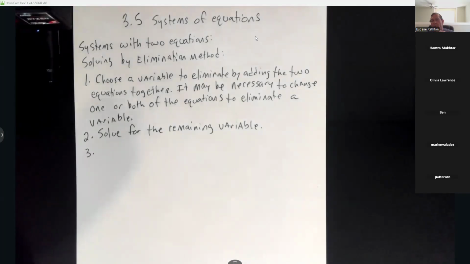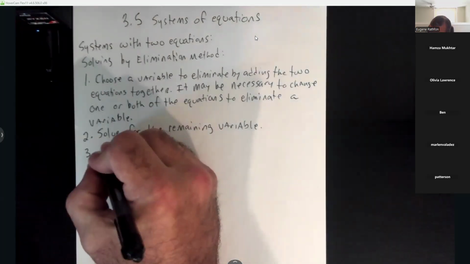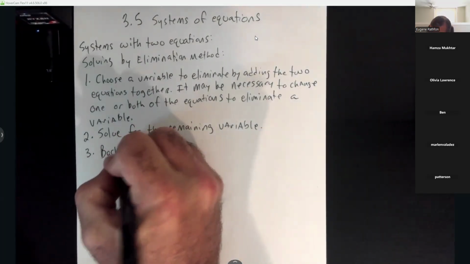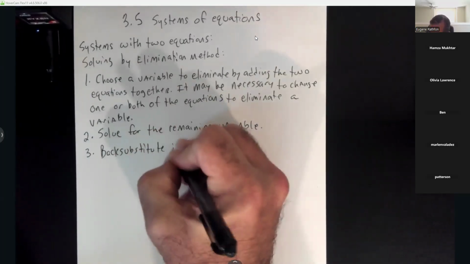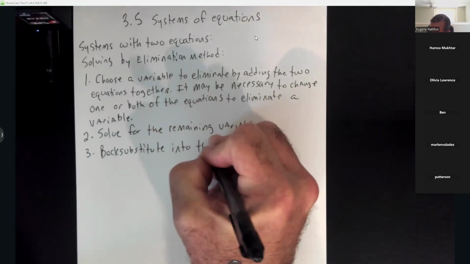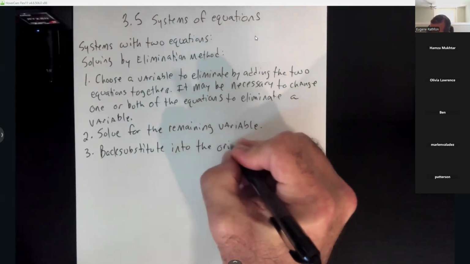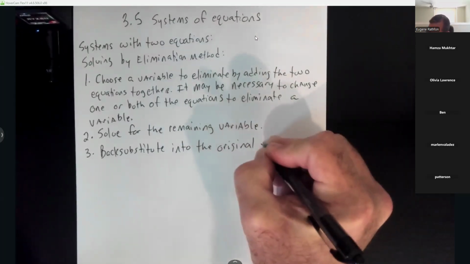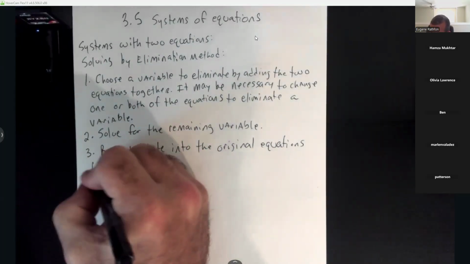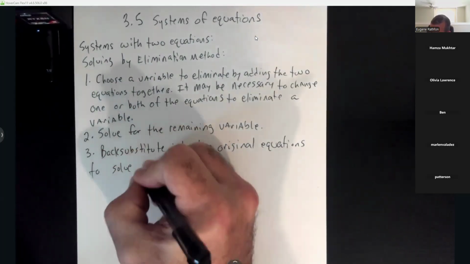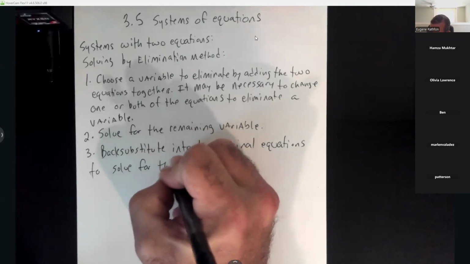So then I'm going to back substitute into one of the original equations to solve for the other variable.